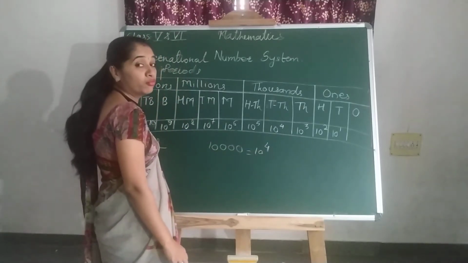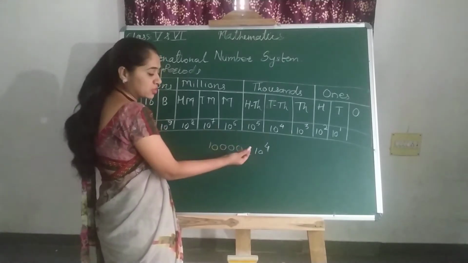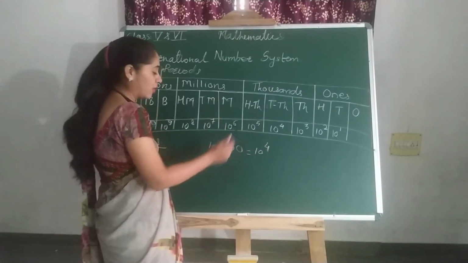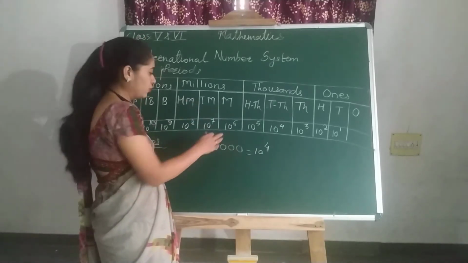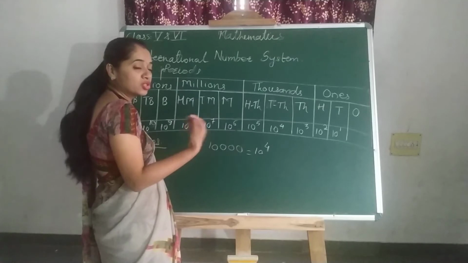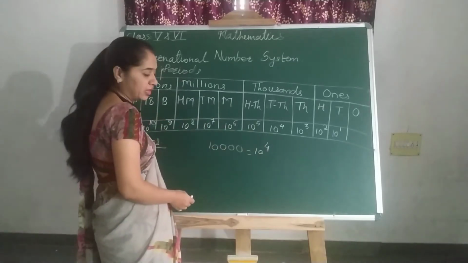Where did the 4 come from? There are 4 zeros, that's why 4. Up to 1000, 10,000, lakh, okay, but when you are writing a bigger number with a lot of zeros, that time this exponent form is useful for us.